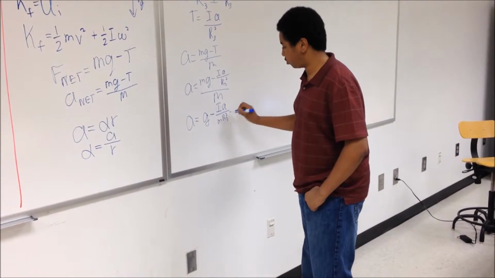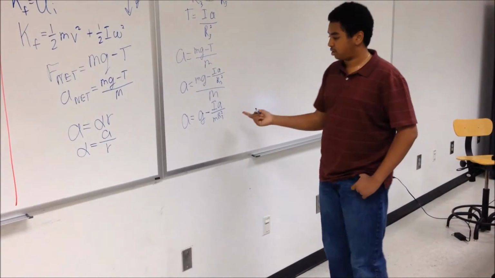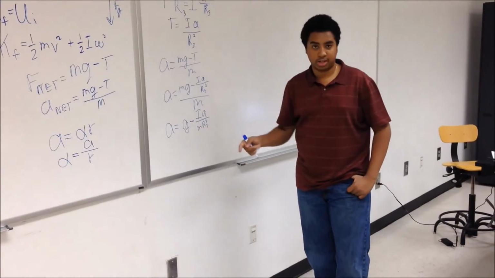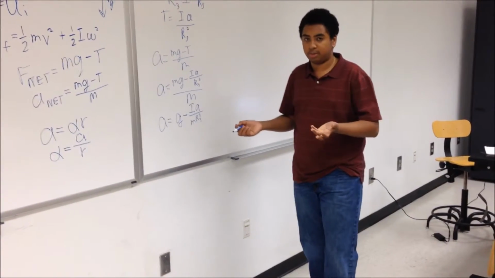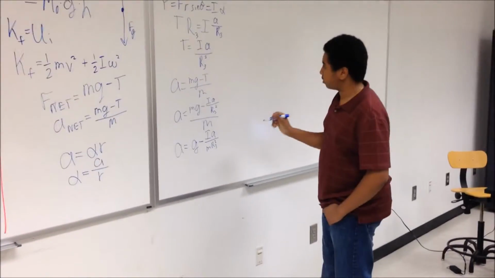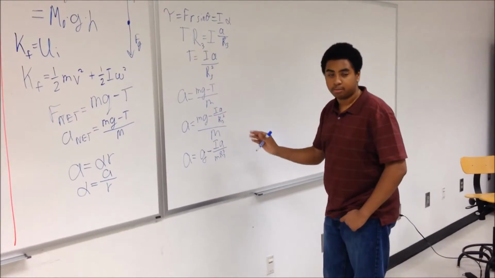m R3 squared. And this is okay, except for the fact that we have an a on both sides. So in order to get a real value for a, we can't have the same variable on both sides, so we need to simplify. So what we need to do is move this over to that side and pull the a out.